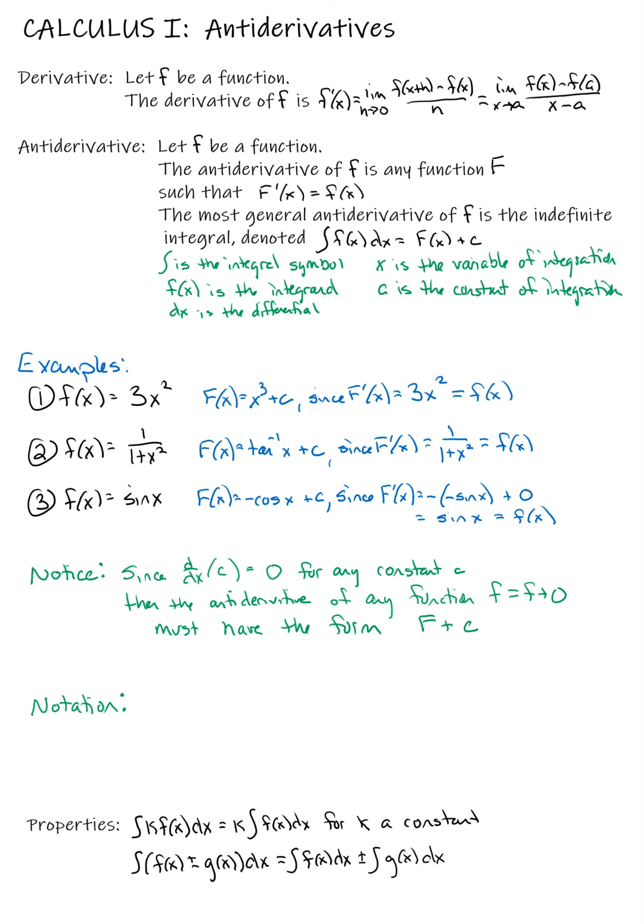And remember, the antiderivative of 0 is a constant based on this. So you'll notice that every time we come up with an antiderivative, we always have to add this constant. Now, we don't know which constant this is. It could be any value, so we often refer to it as an arbitrary constant.